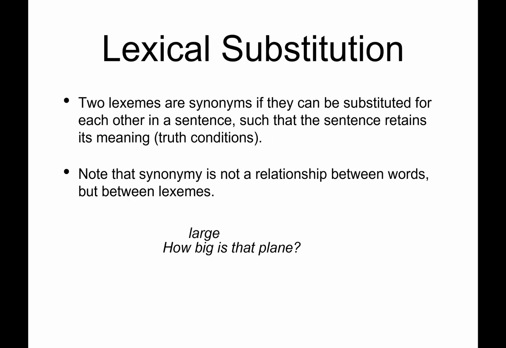Why is it not a relationship between words? So for example, you have how big is that plane? You can replace it with how large is that plane, because when you are talking about a big plane and a large plane, the lexeme of large as it is used in this sense, and the lexeme of big as it is used in this sense in this sentence, are synonyms.